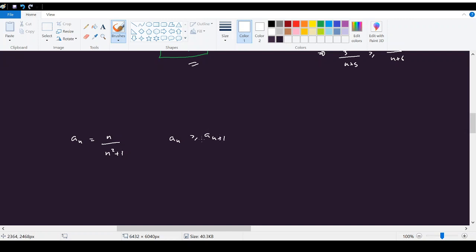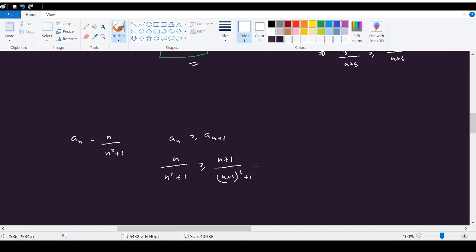The term with higher n value is less than or equal to the term with a lower n value, right? So what you should do is, you just have to plug in the terms appropriately. So for a_(n+1), you just have to replace all the n values with n plus 1. Okay, so we have this one.